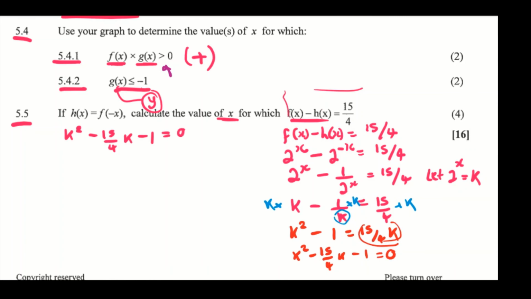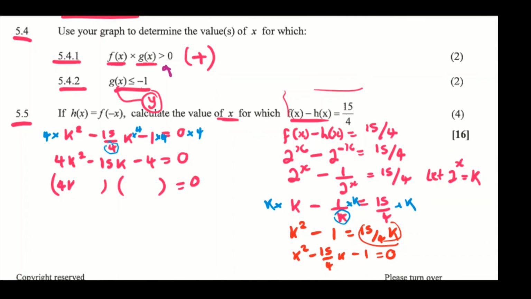And we can remove the denominator of 4 by multiplying everything by 4, and we'll have 4k squared minus 15k minus 4 equals 0. And then we factorize this expression. It's going to be 4k and k here, and we can put 4 here.